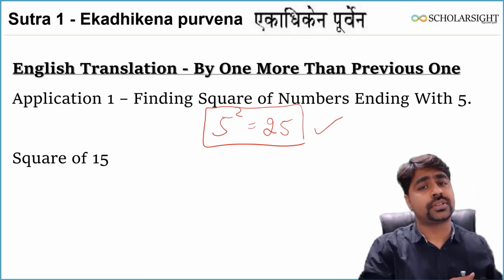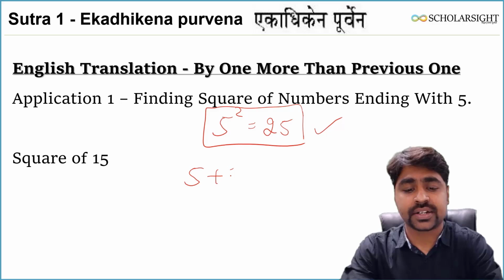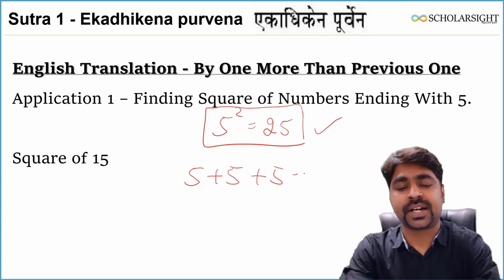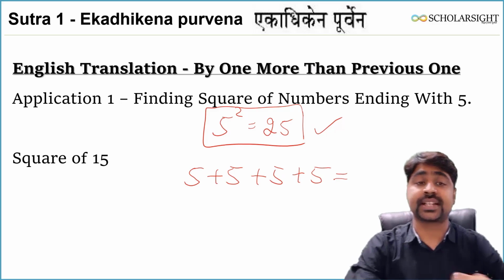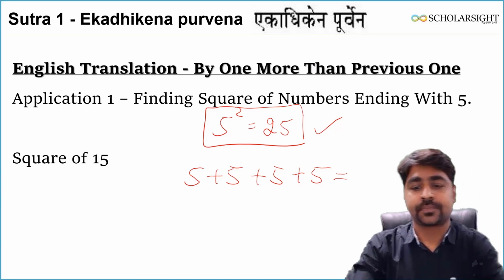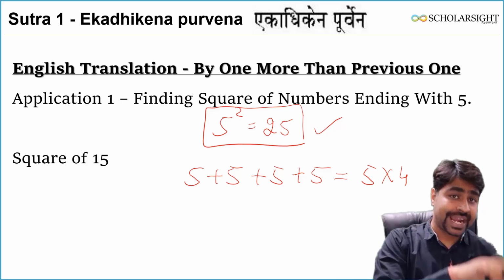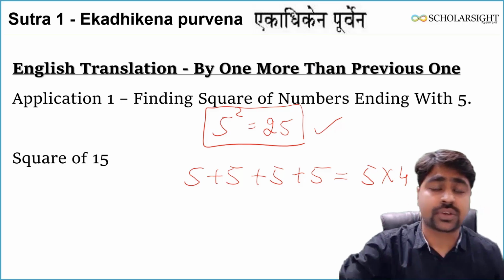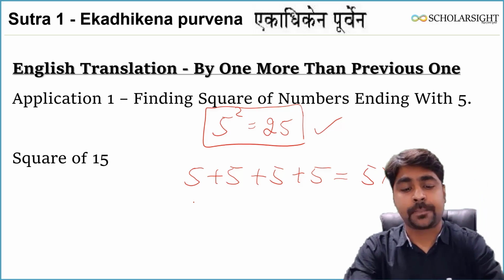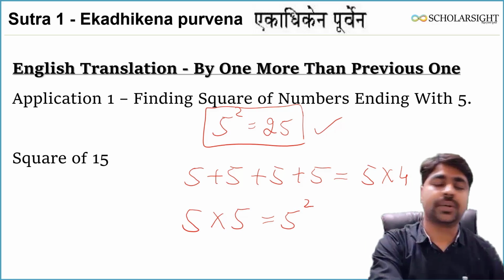What is a square? That also you should understand. If I add 5 multiple times, for example, I am adding 5 four times, that means 5 into 4. So addition done multiple times is called multiplication, and multiplication done multiple times is called power.